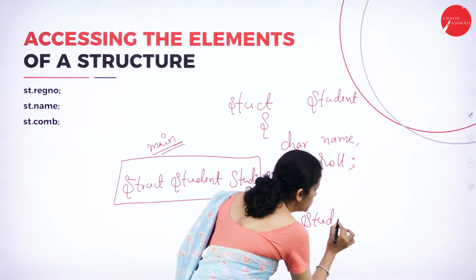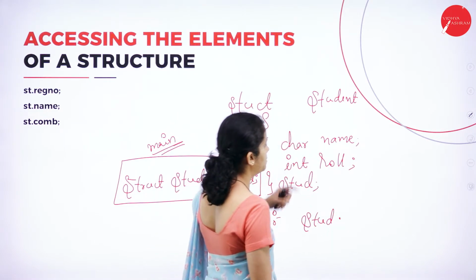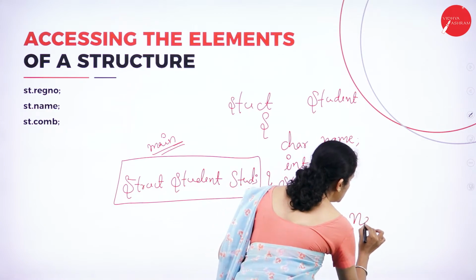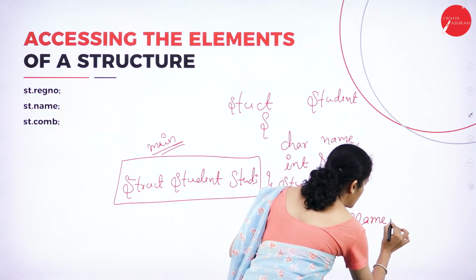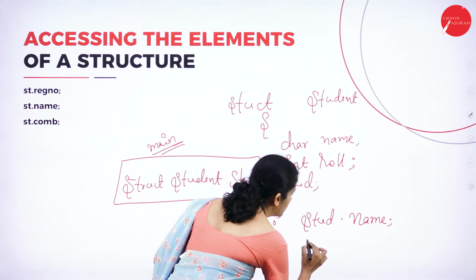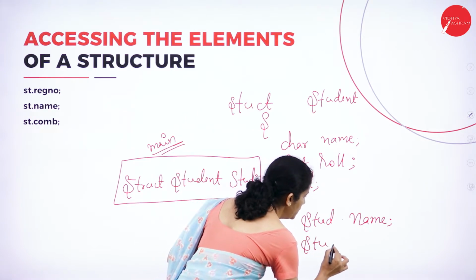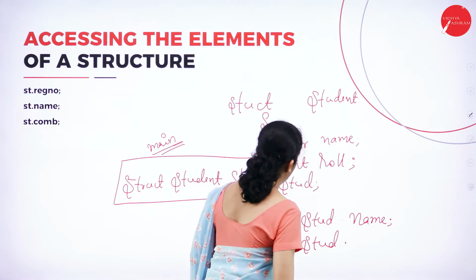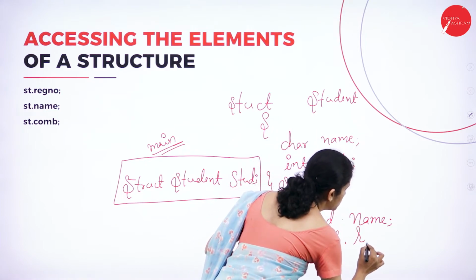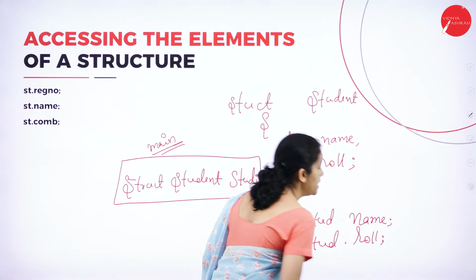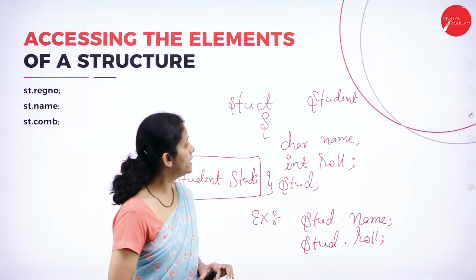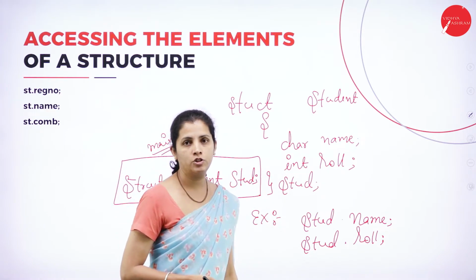Then I use the dot operator and use name. Now stud dot roll number. This is the way I can access the data members of a structure.